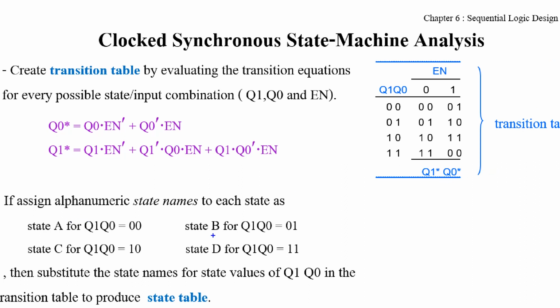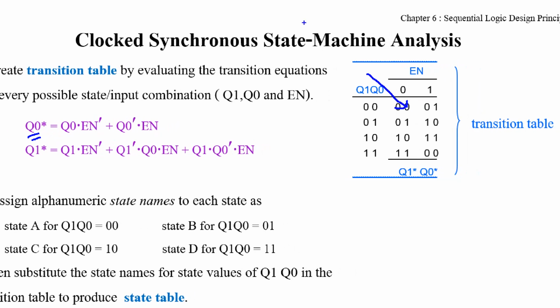For example, if I want to build the transition table, this table is called the transition table. For example, this 0 is from this equation by substituting En with 0, Q1 with 0, and Q0 with 0. So En is 0, 0 is here, 0 is here, so it becomes 0.